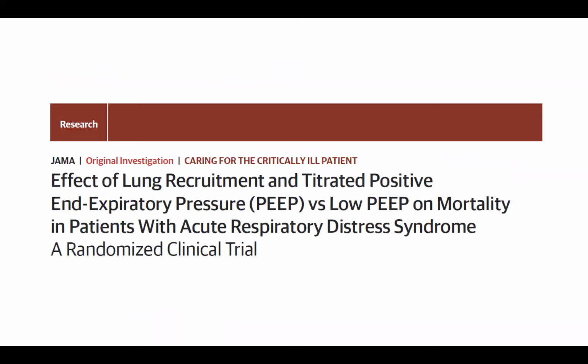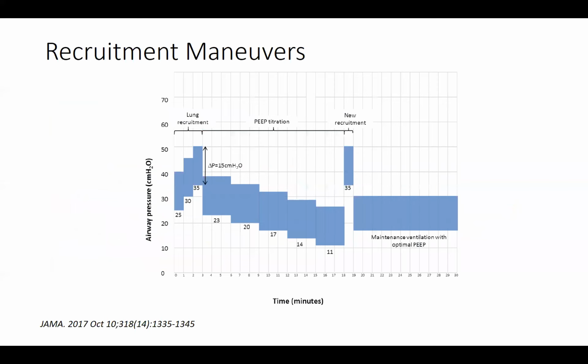Now, this was a study that came out that did recruitment, and what they called a titrated PEEP versus low PEEP, and they looked at mortality as their outcome. It came out in JAMA in 2017. So this was their recruitment maneuver.